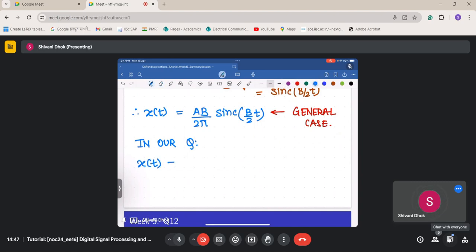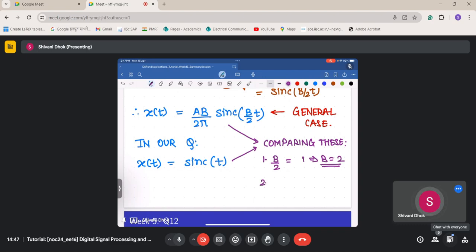Now we'll compare this and this. So comparing these, what I have is, first thing, b by 2 is equal to 1, which means that b comes out to be equal to 2.